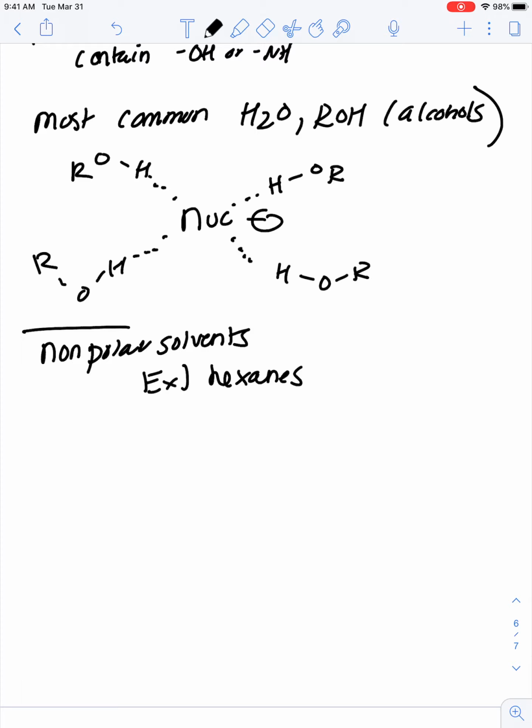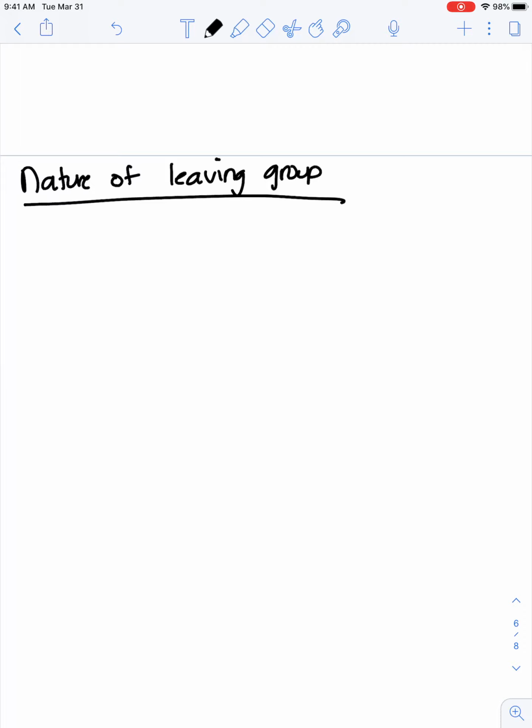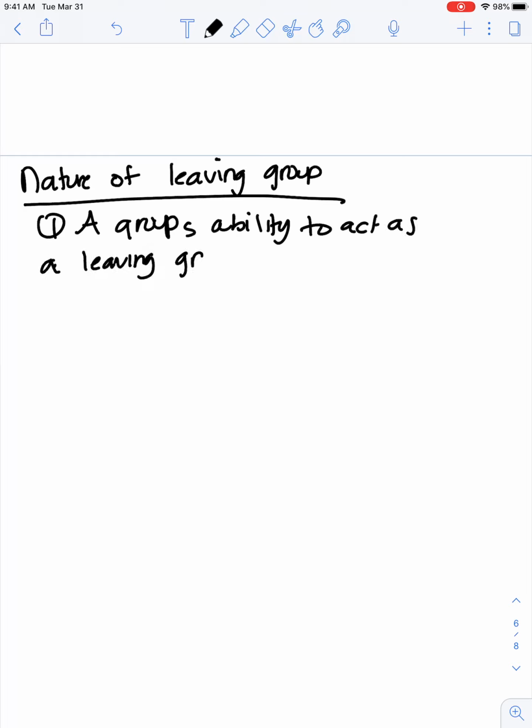Lastly, we're going to talk about the leaving group. So let's think about the nature of the leaving group. A group's ability to act as a leaving group is going to be directly related to its base strength. Weaker bases are going to be better leaving groups because they are going to be more stable anions.